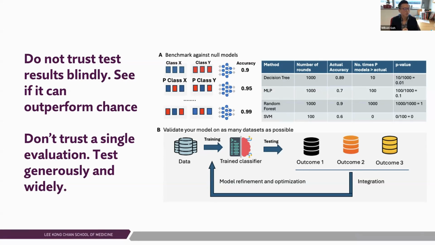And the last point I want to add here is that you should not trust any single evaluation. Think universally. Don't just think that a single external validation is sufficient. You should test generously and widely. Try to see what kind of data sets your model does not work on, and if it doesn't work on certain data sets, why is that the reason? So in other words, you should not be just looking for universal good performance.